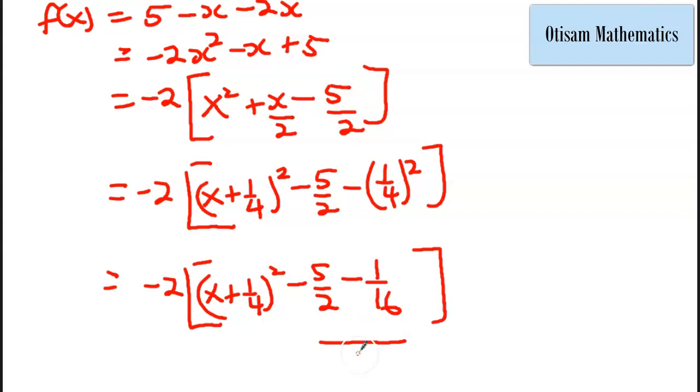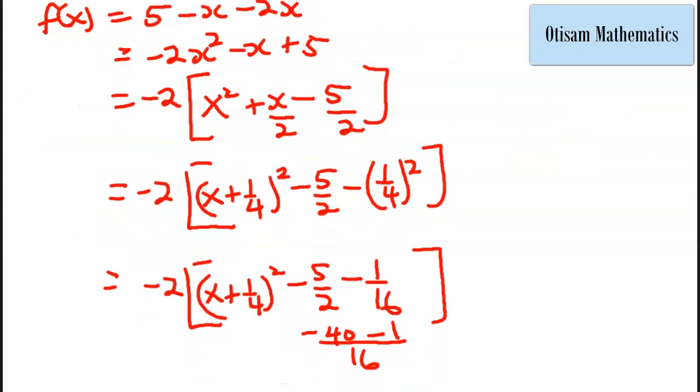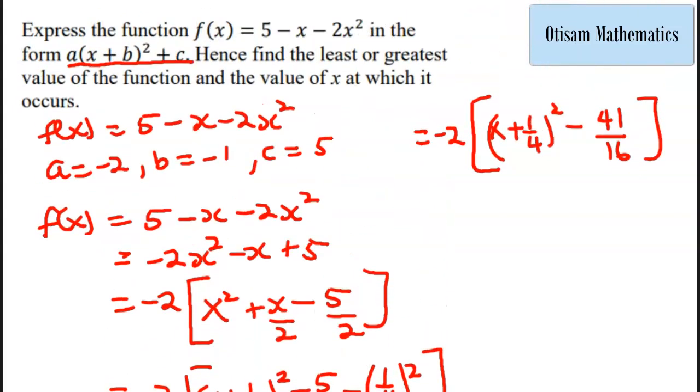You can find the LCM, which is 16, and then this will go here, 8 times 5, so minus 40 minus 1. So we are going to get minus 2 the bracket x plus 1 over 4 all squared minus 41 over 16. We want to simplify that. So we can multiply through.